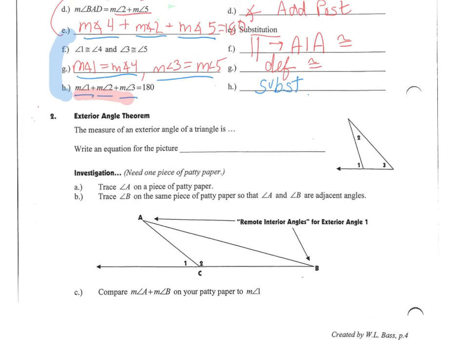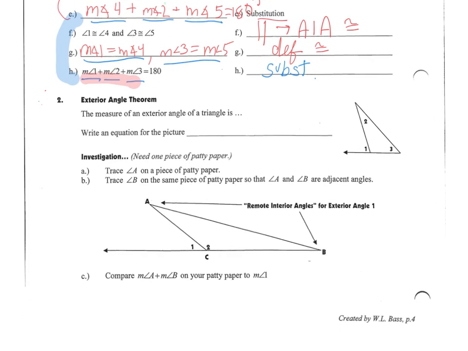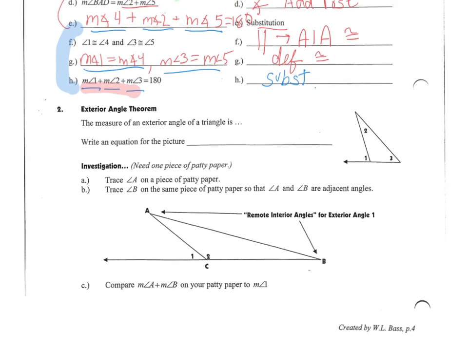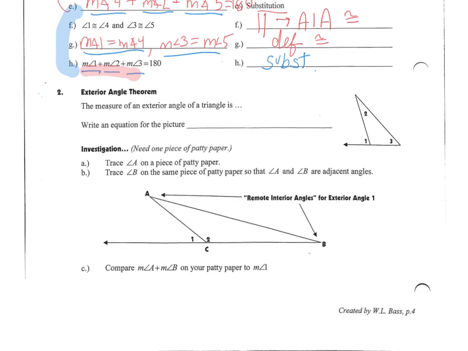Our last part for this set of notes, I'm going to just go through the explanation. If you want to, you can do this experiment, this investigation, with some paper, but we're going to look at the conclusion here, what would happen.